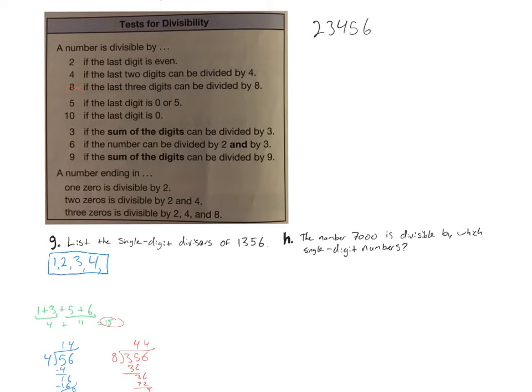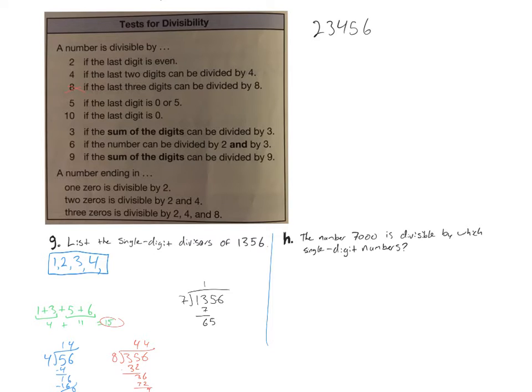H is right over here. It says the number 7,000 is divisible by which single-digit numbers? Well, I guess I should have checked for 7 over here. I never checked 7. So 1, 3, 5, 6. So going to 7, it goes into that 1 time. 7 gets me 6.